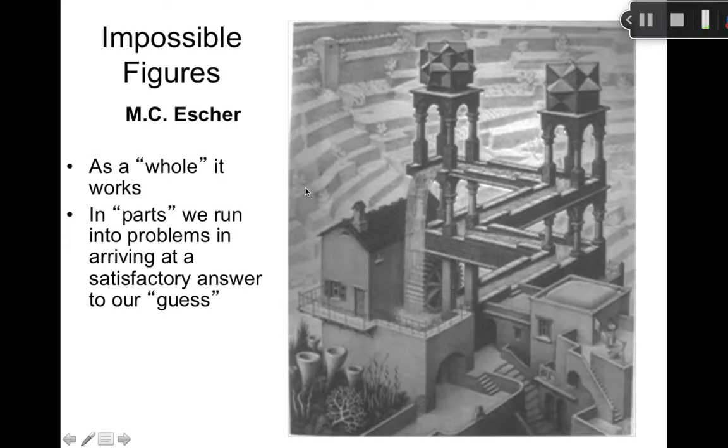So I want to illustrate that as a whole it works, and then if we really sort of get in and parse this image and look at it bit by bit, then it will cease to work. By work, I mean if you look at it just on the face of it, it looks like a three-dimensional structure. It looks like a building with a waterfall built into it. But as we look at it more closely, that hypothesis will be proven incorrect.